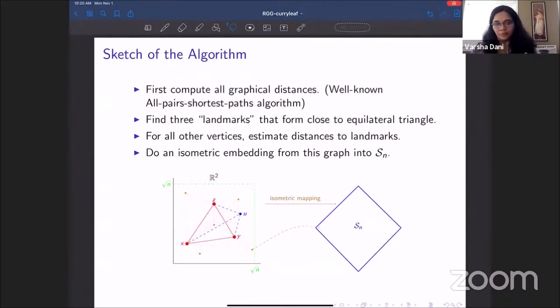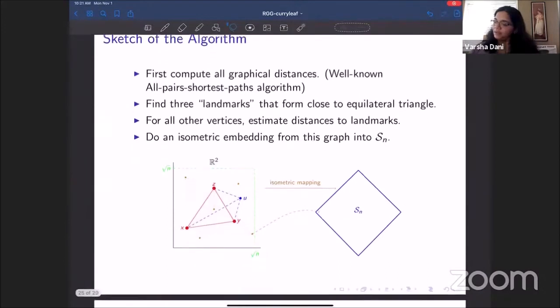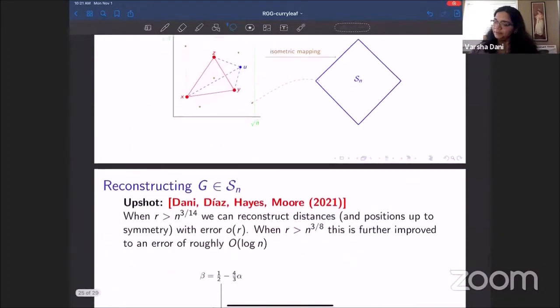But up to the symmetries of the square, what we've shown is that we can reconstruct this random graph just from information about which vertex is adjacent to which other vertices. And the kind of error we get is pretty small, right?